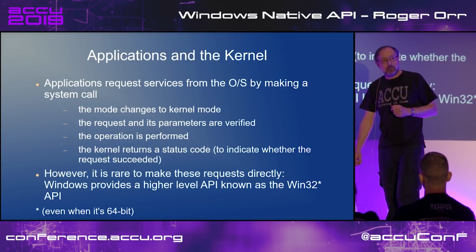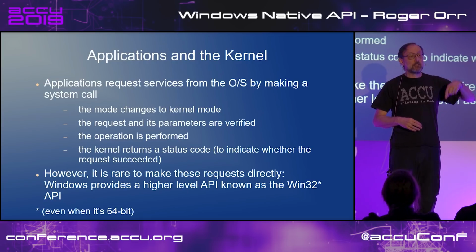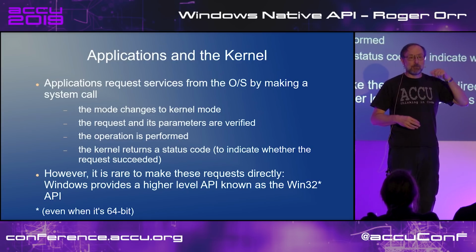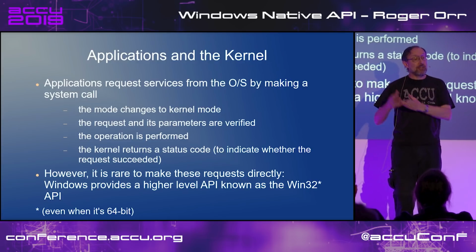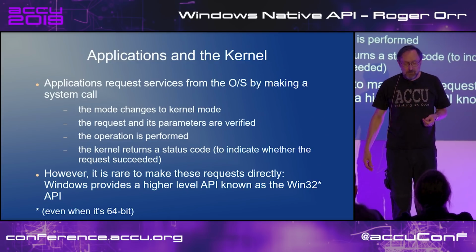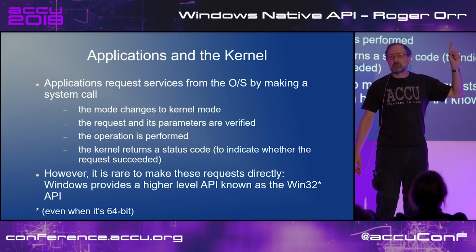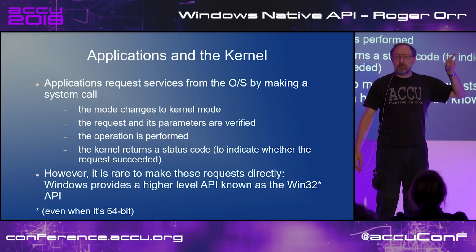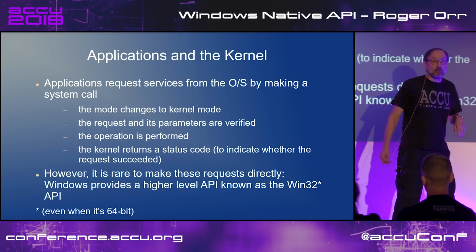But it's quite rare, very rare, to actually make a direct call to one of these native APIs. They all start capital N, little t, presumably for Windows NT, I guess. Who's ever written some code that does a direct call to one of the NT calls? Yeah, good. You may not learn much this morning, but you never know. Most of us don't.